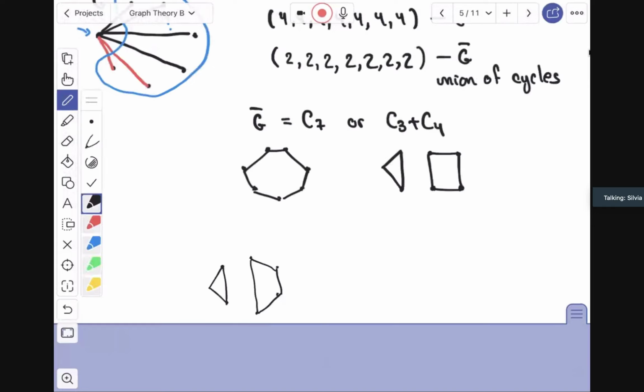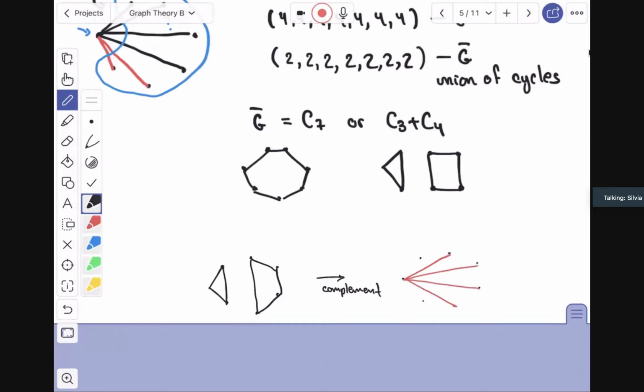Of course, I'm drawing it on top of it, but in reality, you just don't draw those that are already there. Draw all the others. So, this one was not there.